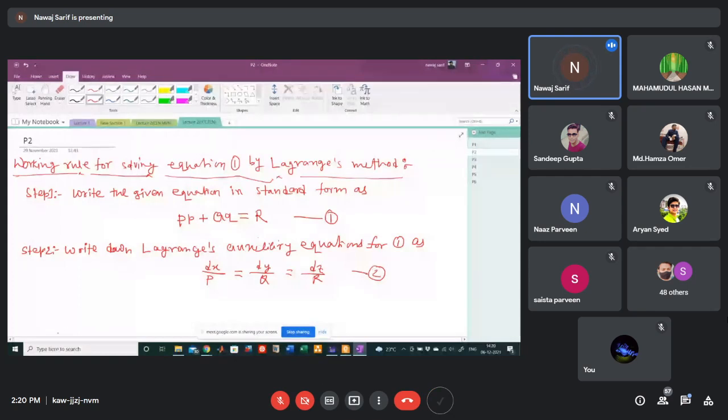Now step 3 is solve equation 2 by methods of ordinary differential equations. Now equation 2 is your ordinary differential equation.